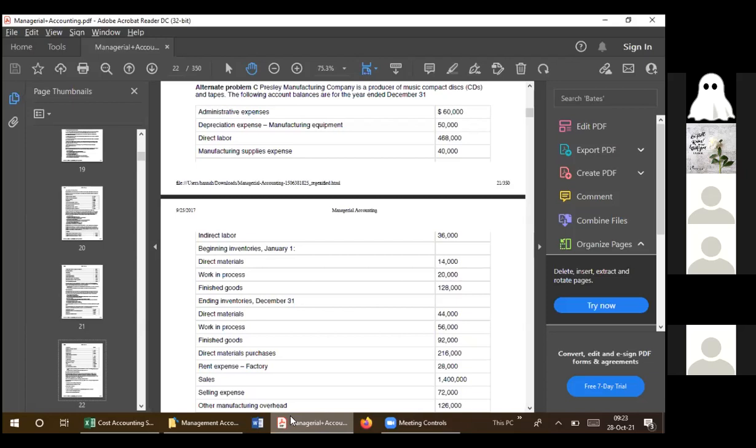So the structure of the question is different from the previous one. You have the beginning inventories, that is everything on January 1st over here. Okay, so they've clubbed it together. So don't get confused that you have direct materials here and then direct materials again. Okay, so this is your beginning inventories, all three of them. And these are your ending inventories, all three of them.